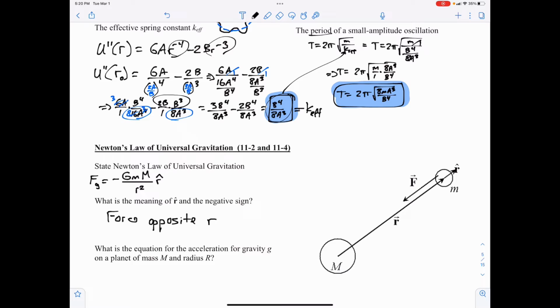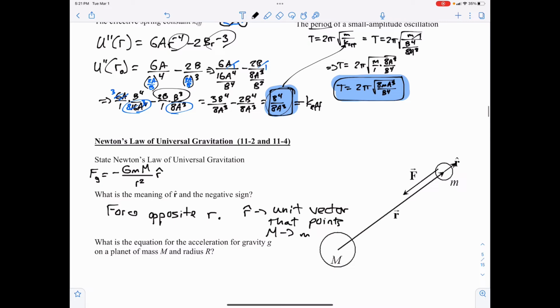And R hat, that little value right there, is the unit vector that essentially points in the direction of mass 1 to mass 2.